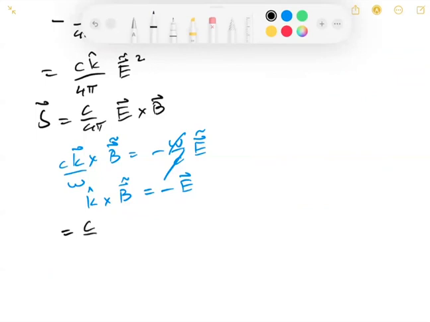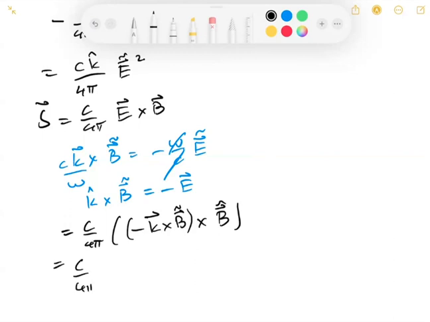We get c over 4 pi E crossed with minus k crossed with B. Okay, so let's do some work. That's c over 4 pi.